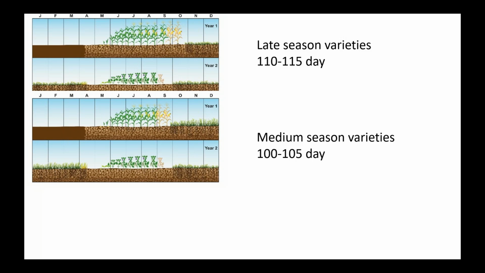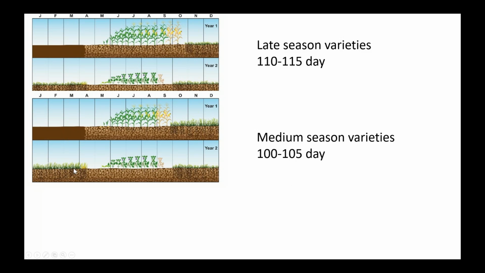But if you had another 10 to 15 days through growing a variety that was more medium season, 100 or 105 day variety, you could see that that could make a difference in terms of when you're able to harvest and when you're able to plant, if you're able to immediately follow the combine with the drill, which is the way that I hear farmers think about this.